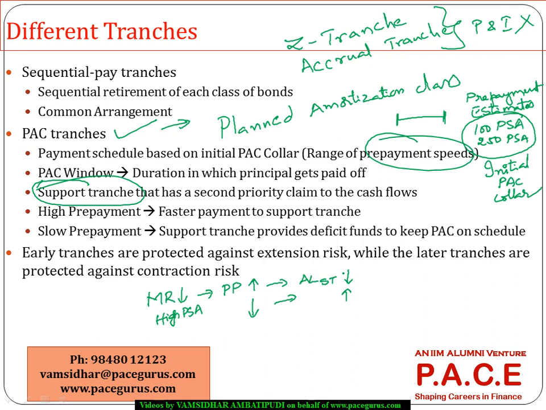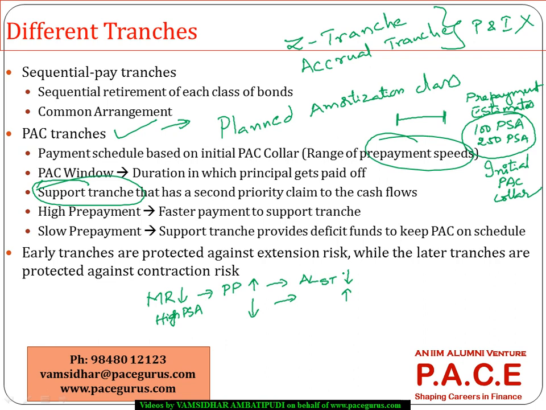So we have to understand that the support tranche average life may be higher or lower compared to a pack tranche, depending on how the prepayment rates are happening. This is where we have to be comfortable in understanding that the support tranche is bearing a high risk, whereas the pack tranche is completely shielded from the risk, right?